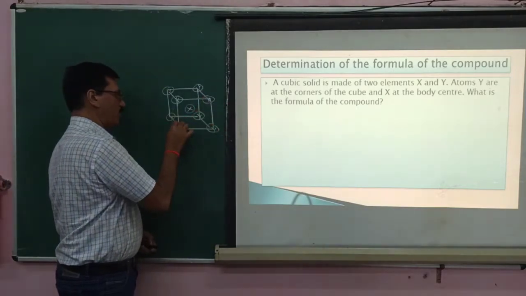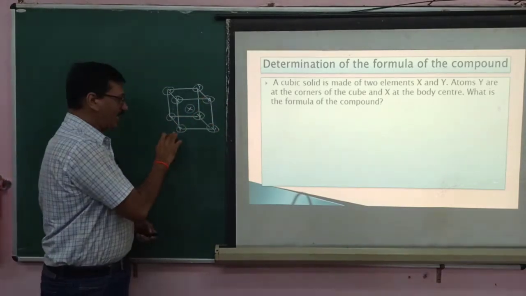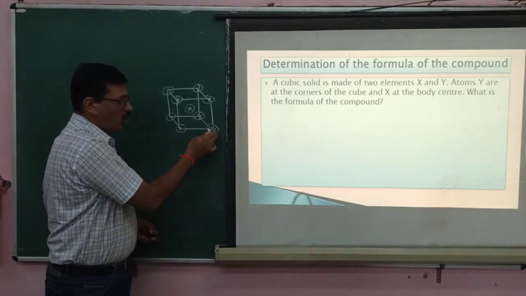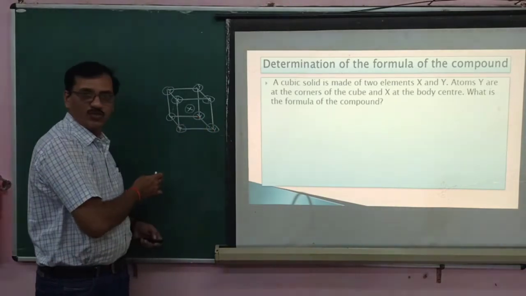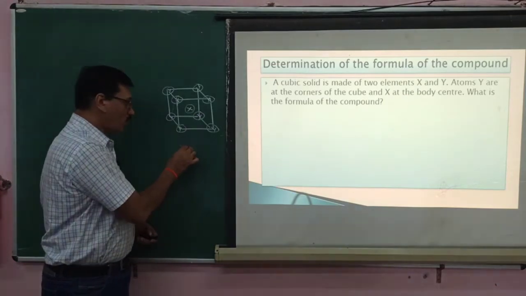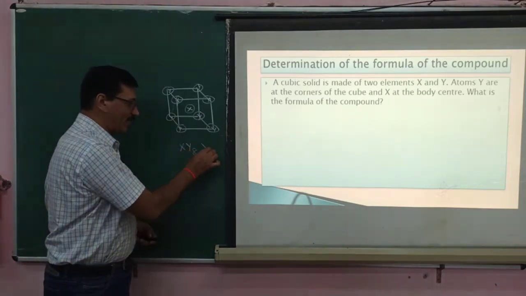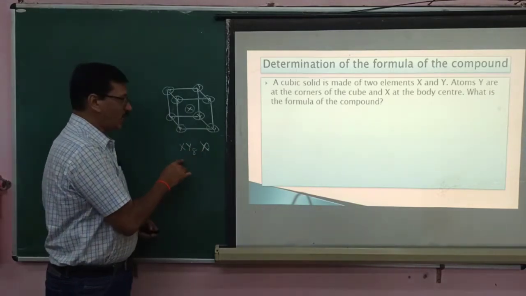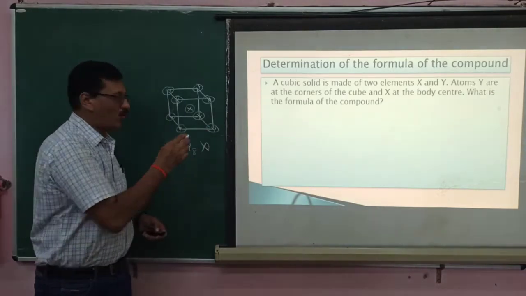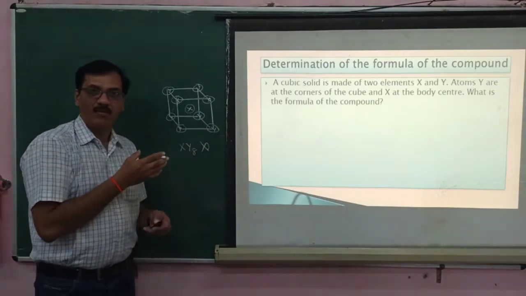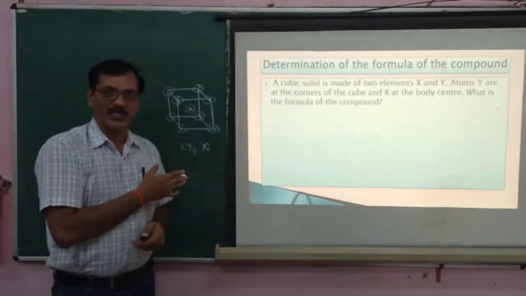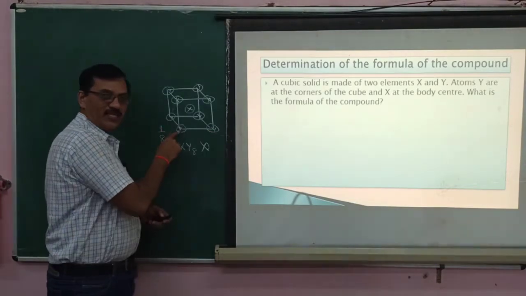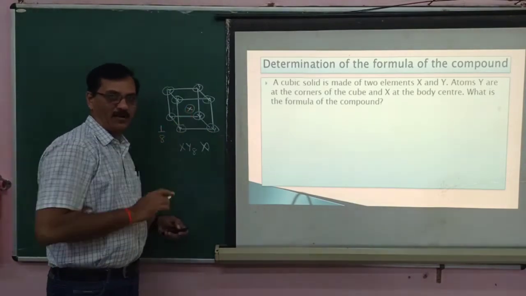But these atoms at the corners do not belong completely to the unit cell. The formula is not XY8. This is wrong, because the Y atom here doesn't belong completely to the unit cell. Only 1/8 of this particle is inside the unit cell.